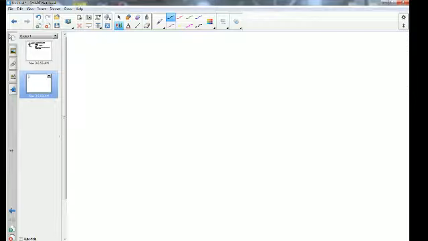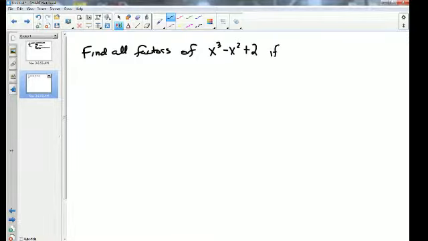All right, so if I were to find all factors of this cubic, if x plus 1 is a factor, this is a perfect set situation for synthetic division.